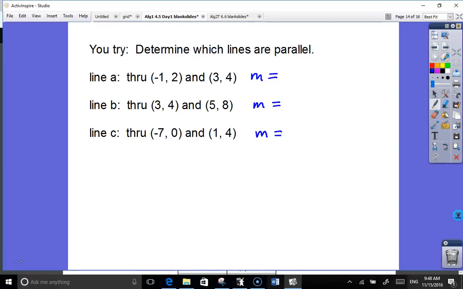Line A. The first one should have had a slope of 1/2. What about the second line? 2. And what about the third line? 1/2. So which two are parallel? Right? Since these two are the same slope, A and C are parallel.